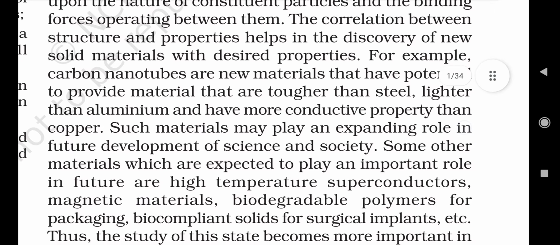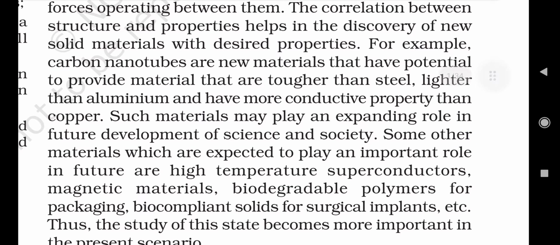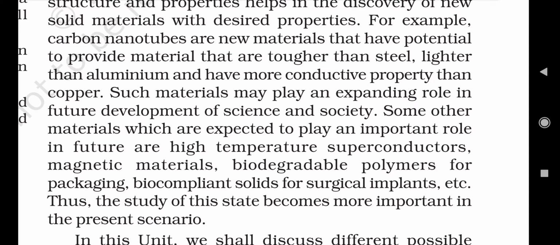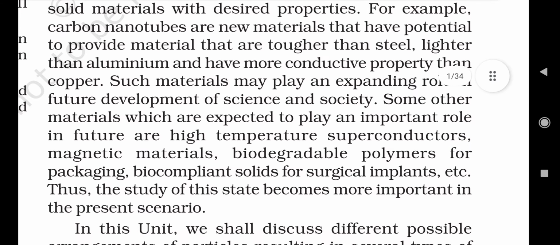Okay, so now such material may play an expanding role in future development of science and society. Obviously this is a very obvious point. We are constantly improving our devices, improving the materials. Like this carbon nanotube is one example.